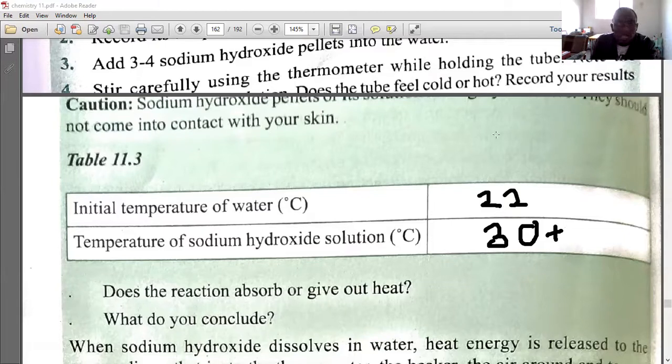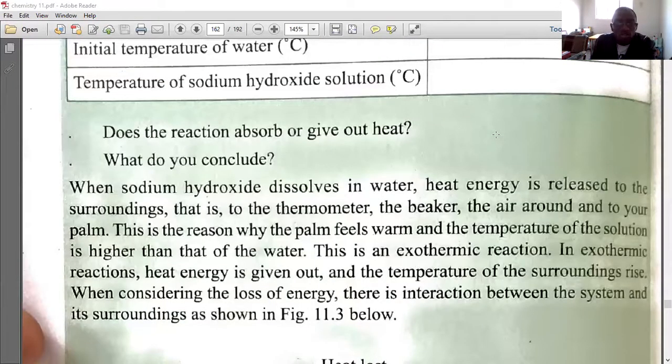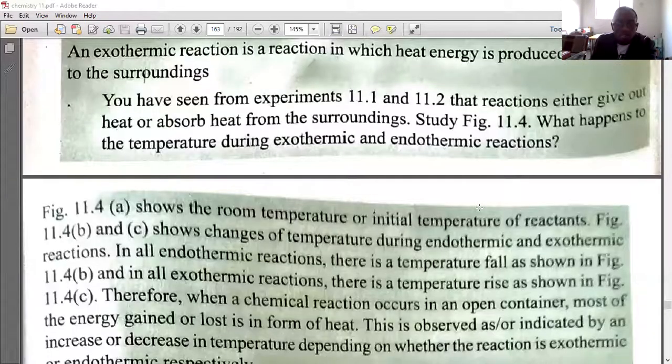So when sodium hydroxide dissolves in water, heat energy is released to the surrounding. That is to the thermometer, the beaker, the air around, and to your palms. This is the reason why the palm feels warm and the temperature of the solution is higher. That is basically what we observed.